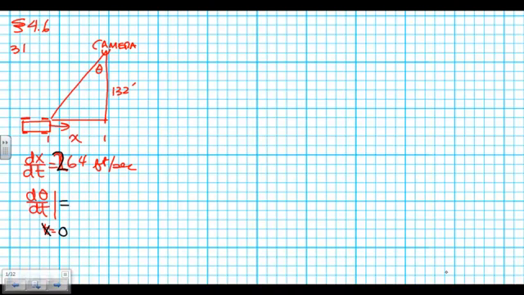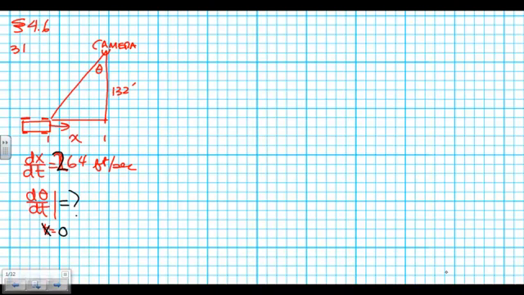Now the question is, can we put these things together into an equation, which we can then take a derivative of, and then plug and chug on? So what kind of relationship do we see between theta and x? And the one other piece of given information is the 132. That's exactly what I would use.